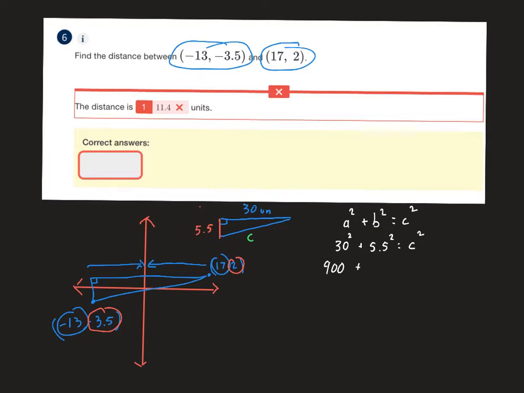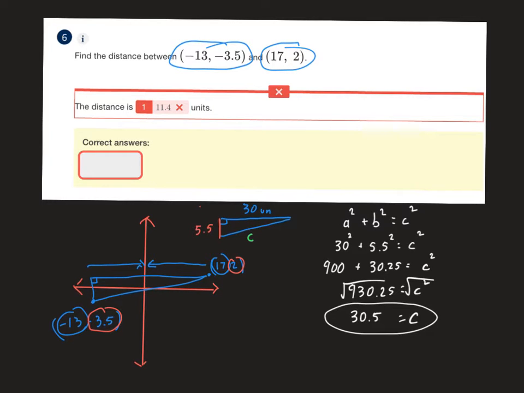What is that? 30.25 c squared. Add them up. Square root. Get that c by itself. So let's see what we get. Make sure you use that square root button. Makes your life a whole lot easier. You get 30.5. 30.5 units.